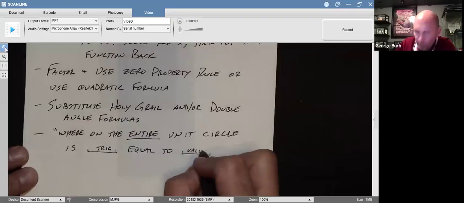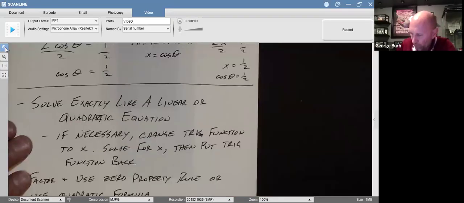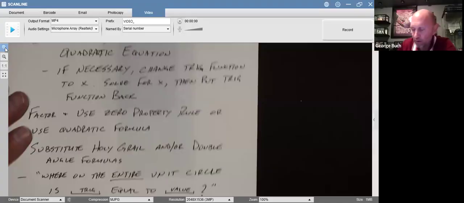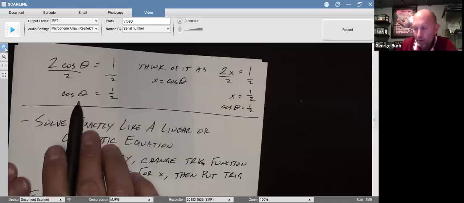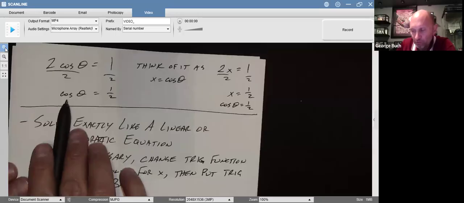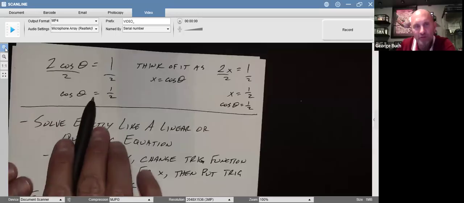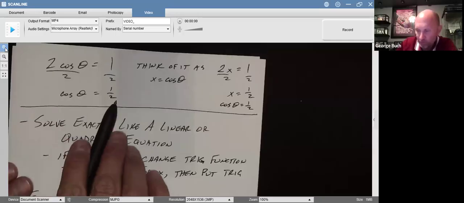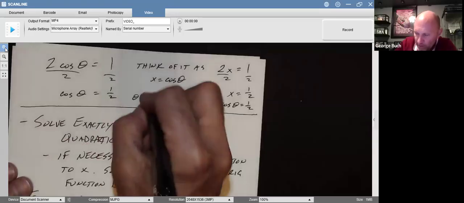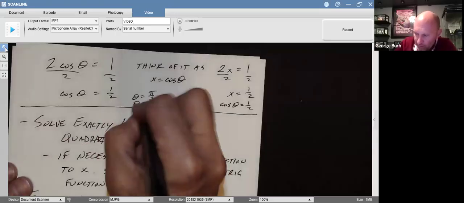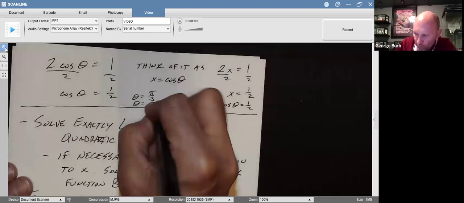So if we go back up to here, where on the entire unit circle is cosine equal to positive half? That gives us theta is pi over 3, and theta is 5 pi over 3.